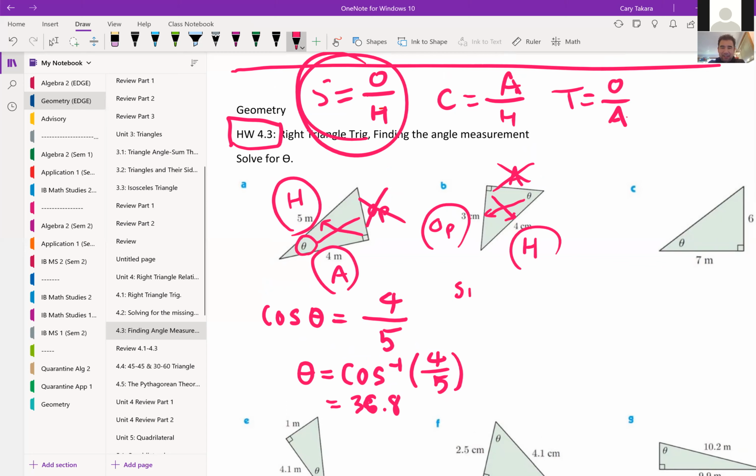So sine of theta, we don't know, equals O over H. So it's going to be 3 over 4. You cannot skip this step to be able to accurately figure out the answer. So let's make sure that you label it. And now theta equals inverse sine of 3 over 4.